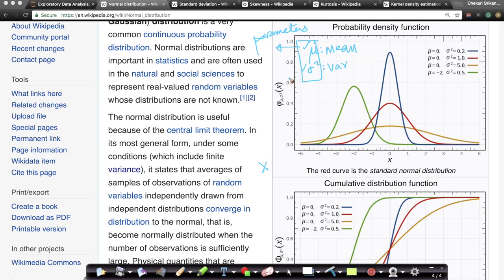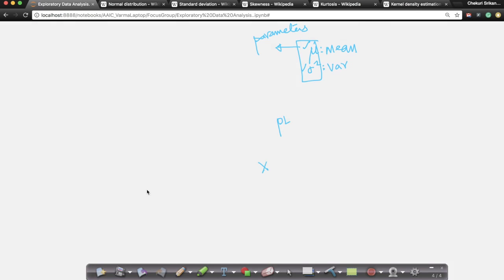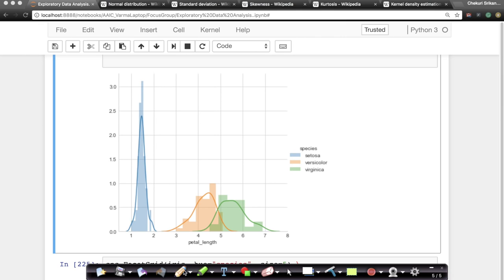So for example, I have my random variable petal length. Let's go and look at this data for a second. Imagine somebody tells me that the setosa's petal length has a mean of 1.5. Suppose somebody tells me that setosa's petal length follows Gaussian distribution.